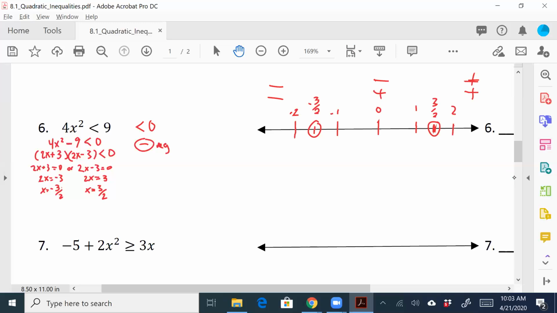And then I'm going to multiply them out. Negative times negative is positive. Negative times positive would be negative. And positive times positive would be positive. And because we're looking for negative, we're looking for the interval between those two. So we can fill that in.